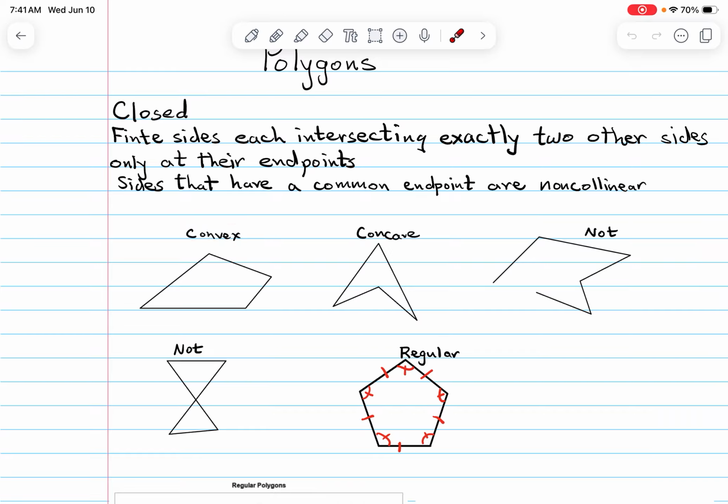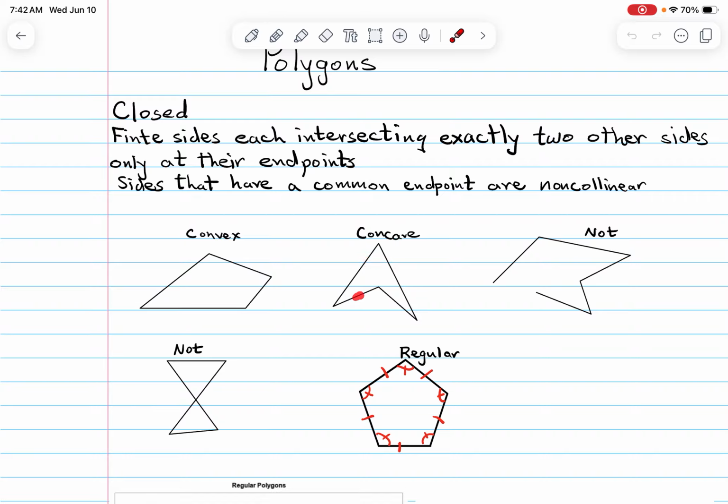The way you can think of that is if you go to any one side of a polygon and you want to get to another side, if you only cross interior points of the polygon, we say that's a convex polygon. So if I'm right here and I want to get over here, the journey takes me just through the interior of the polygon.